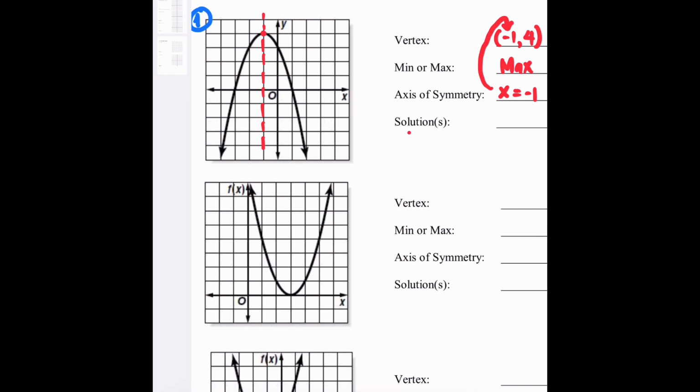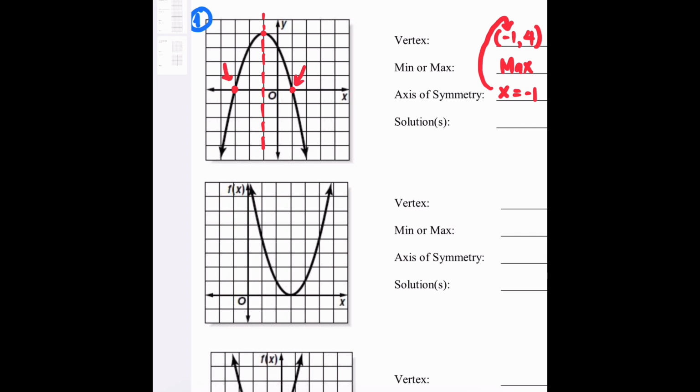Now, the solution. The solutions of the quadratic equation, which is represented by the graph, are the points on the x-axis that the graph crosses. If we take a look at the graph, we can see that there are 2 points of intersection on the x-axis, and those are our solutions.